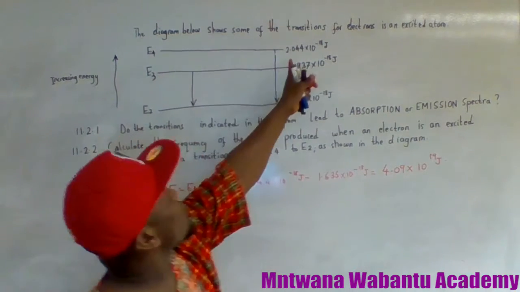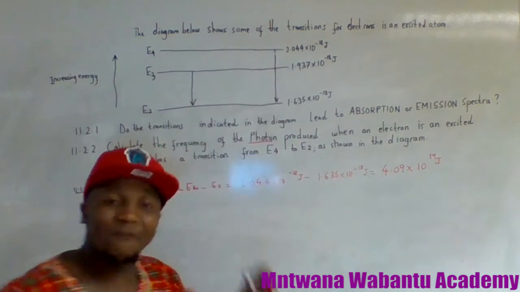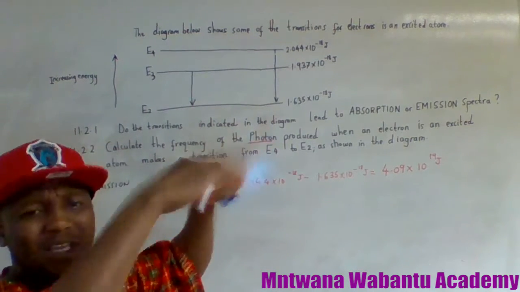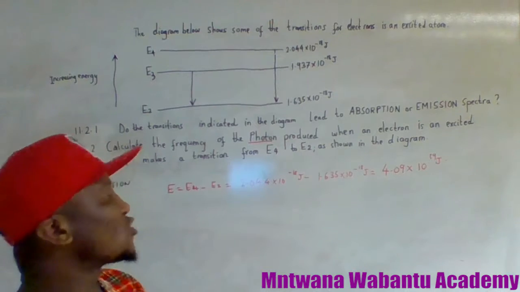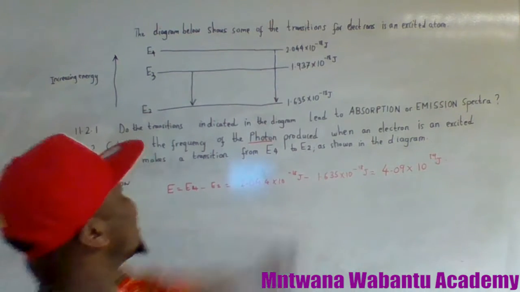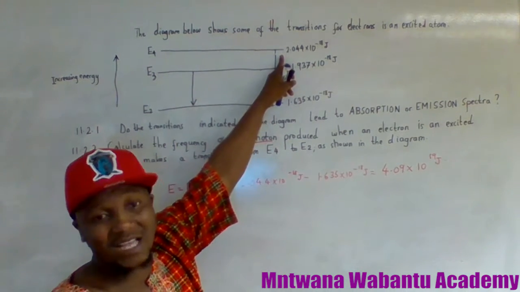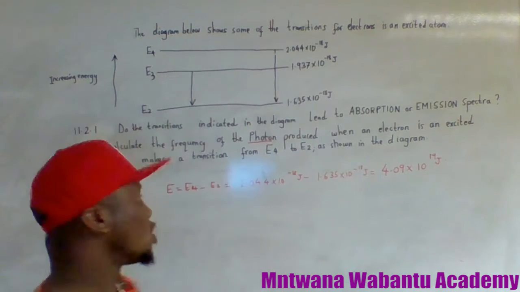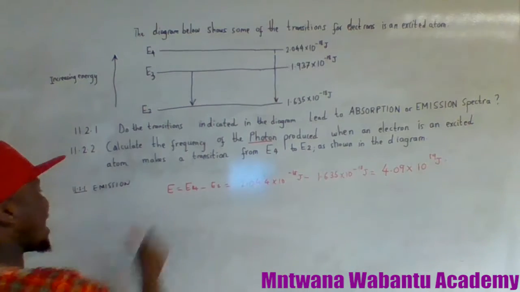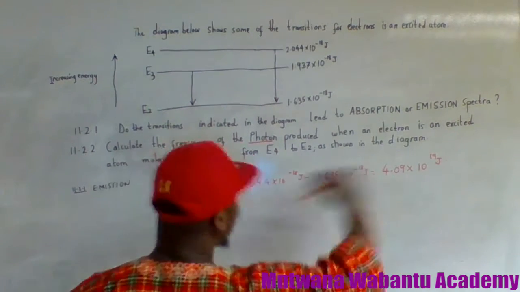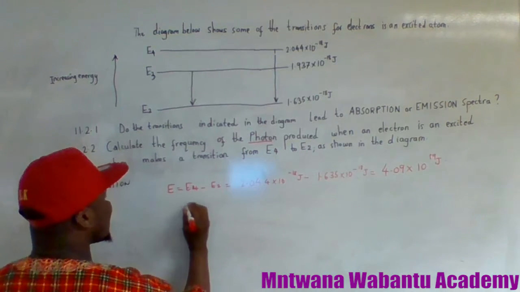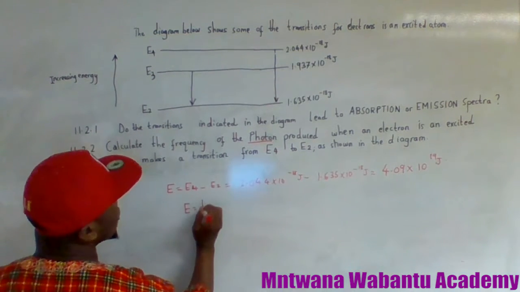When this is emitted, there is going to be energy loss. How do you get the energy loss? Take the energy from where it started minus where it goes, and that's our energy, the photon energy emitted. But that's not part of the question. The question is to calculate the frequency. So you're going to use this formula: energy equals hf.